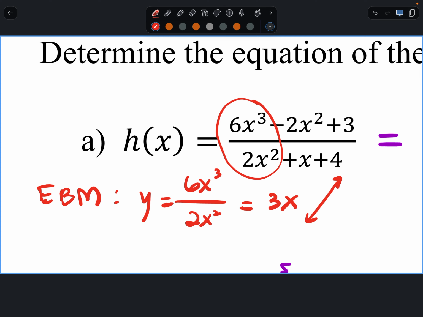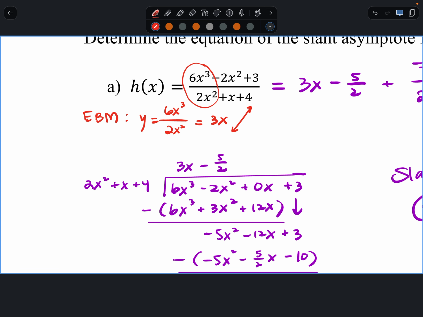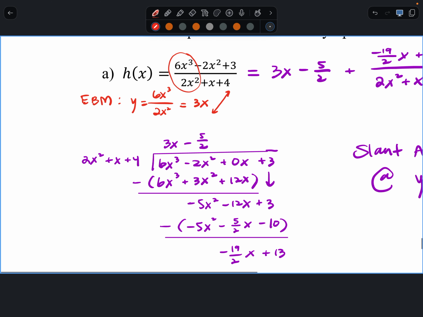So write out the slant asymptote, SA, just abbreviate it. It should be an equation: y equals x minus 5.